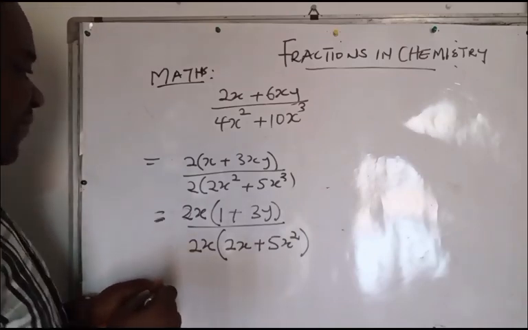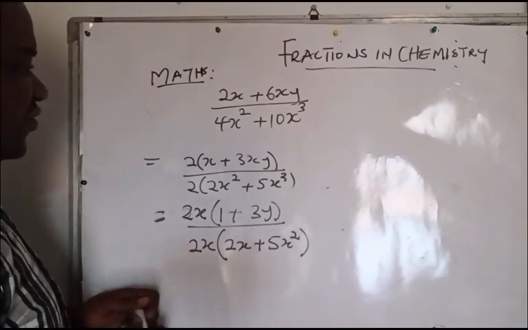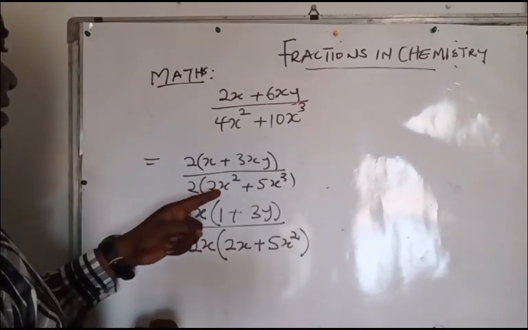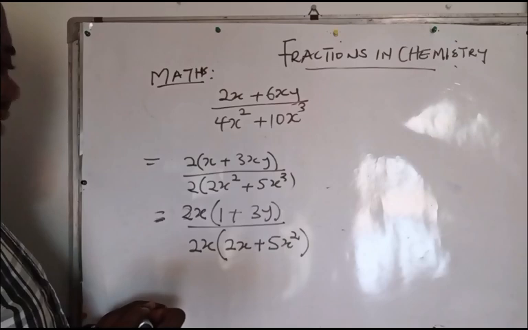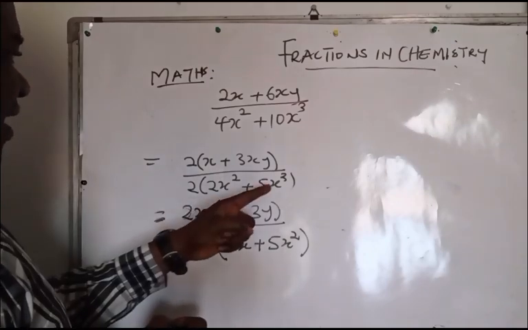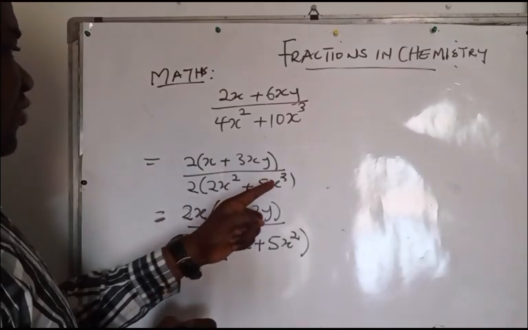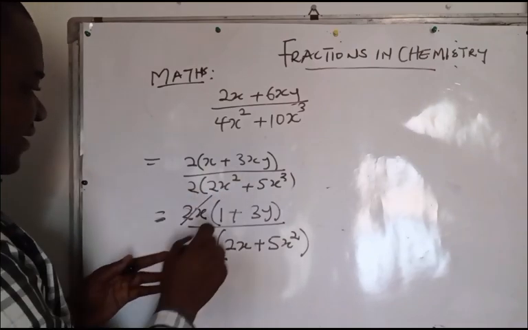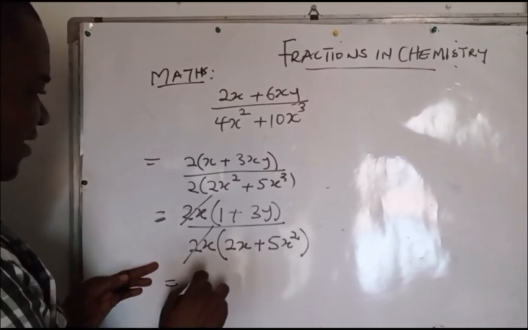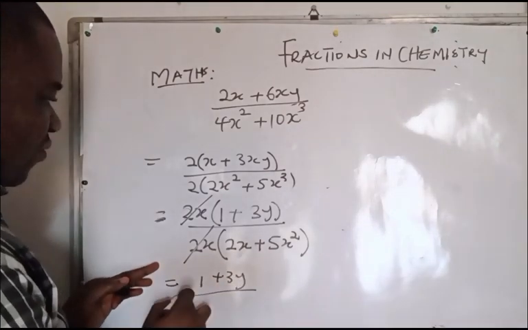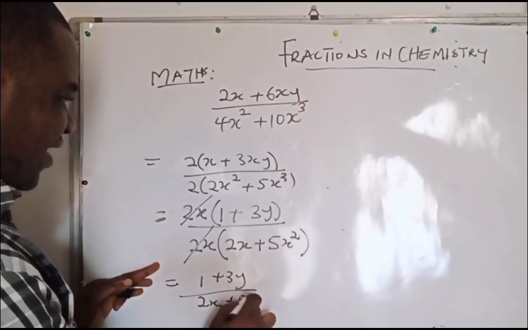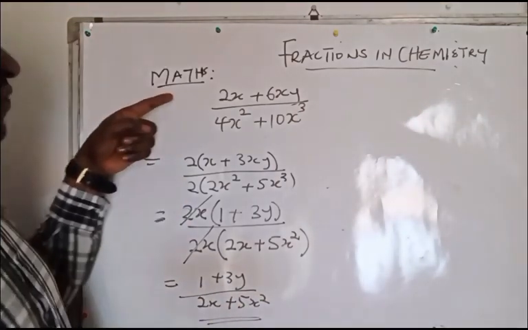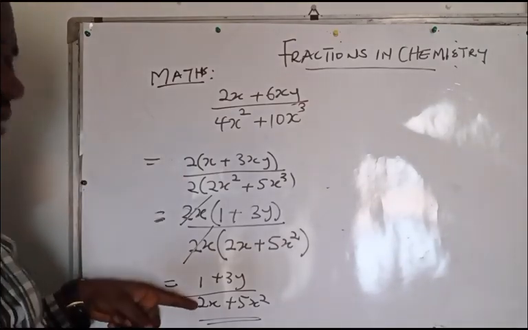This is because you're pulling away x from here, so 2x is remaining. And then you are pulling away x from here, so only x squared is remaining. 5x squared is remaining. So from here, this can cancel this. And then what we now have is 1 plus 3y all over 2x plus 5x squared. This is the answer to a mathematical fraction solved in this way.